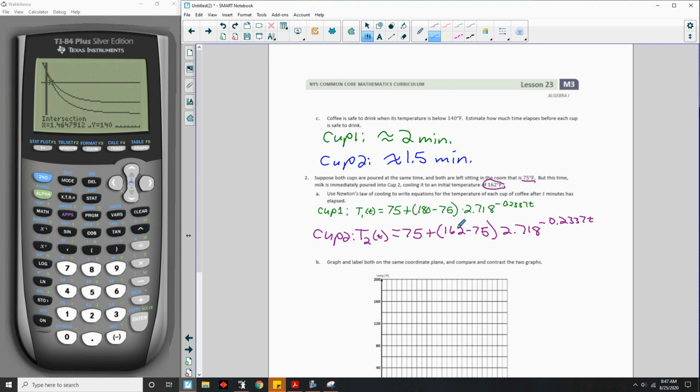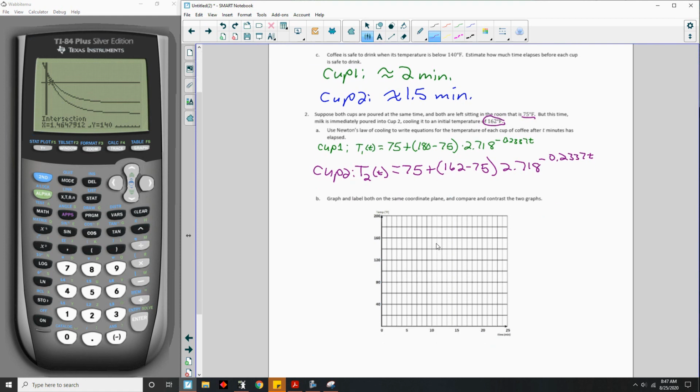Now it says to graph and label both on the same coordinate plane and compare and contrast the two graphs. So I'm going to go to y equals. I'm going to get rid of this equation, and I'm going to get rid of that line at 140. So A didn't change. My room temperature is 75.